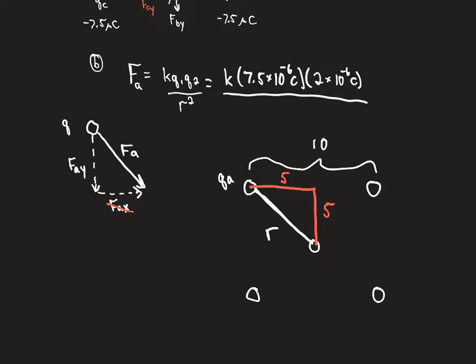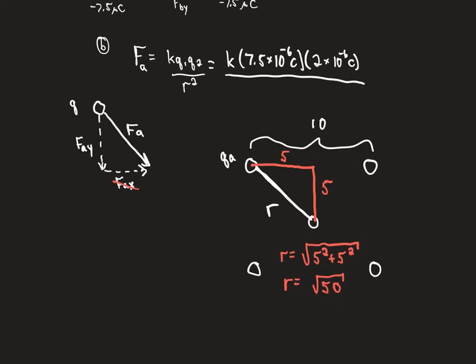So how do I find R? Pythagoras. R equals square root of 5 squared plus 5 squared. Square root of 50. What is the square root of 50?